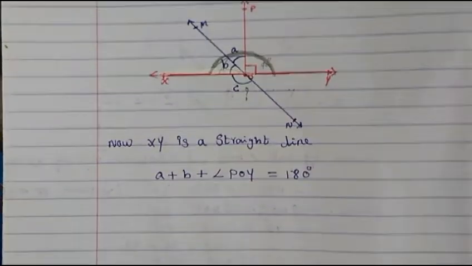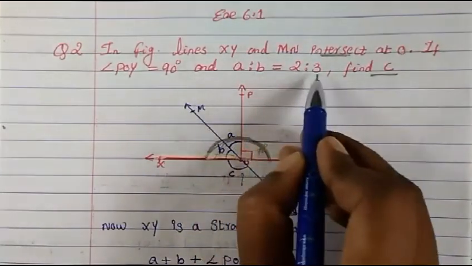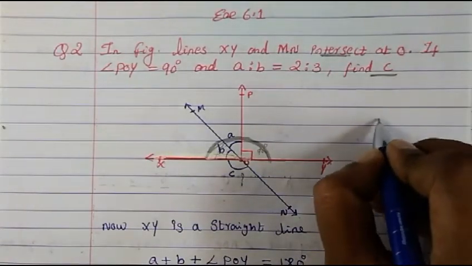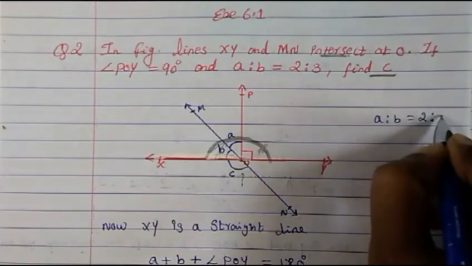Now before that, what is given to us? Let's write down: a is to b is equal to 2 is to 3.